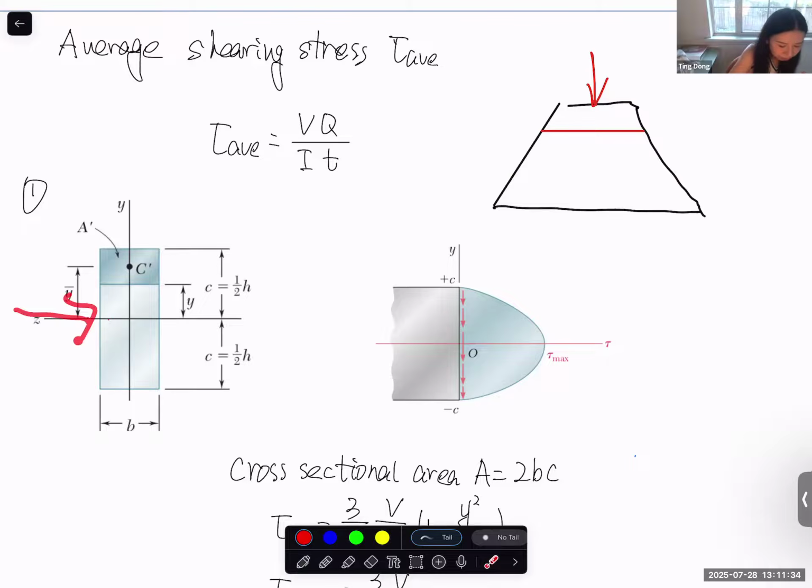But if I apply a force in this direction and check some point here, then this becomes a T. I think a better way is that you check the original lecture notes. It can help you understand what is T, what is Q, and what is Y bar, what is A.